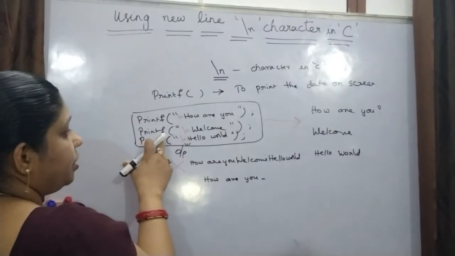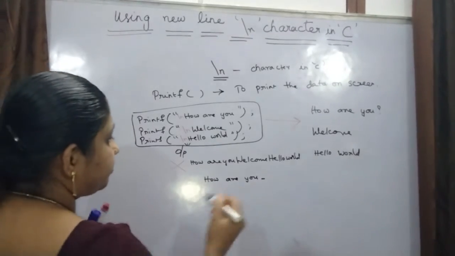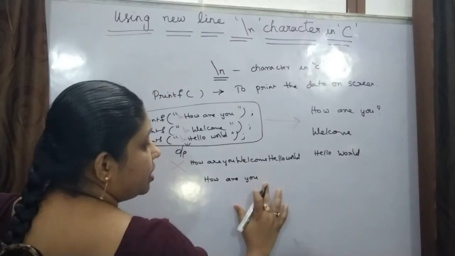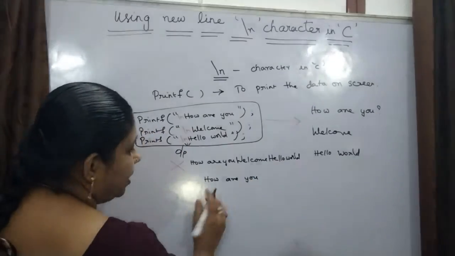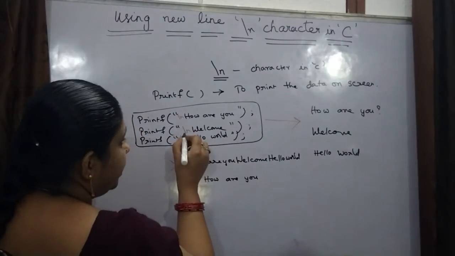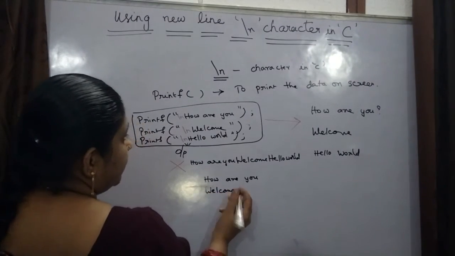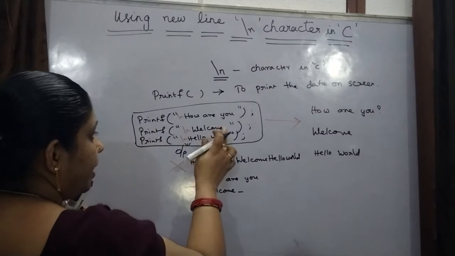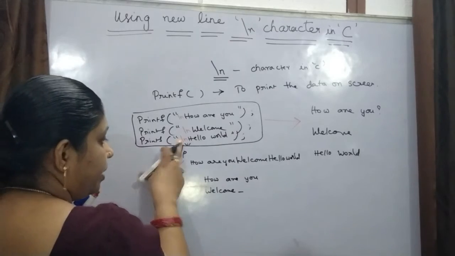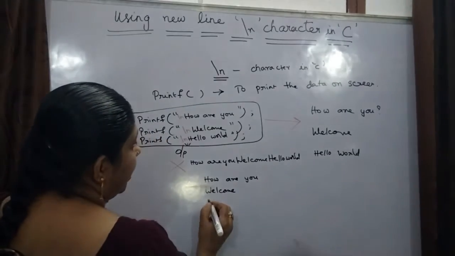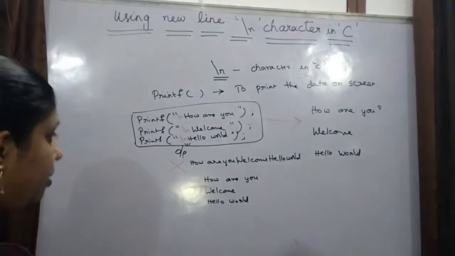After that, when the compiler comes to the second printf function, it sees the \n again and jumps to the next line, and it will print welcome. Then the cursor blinks here again, and when the compiler comes to the third statement and sees the \n, the cursor again jumps from here to here, and it will print hello world. So this happens like this.